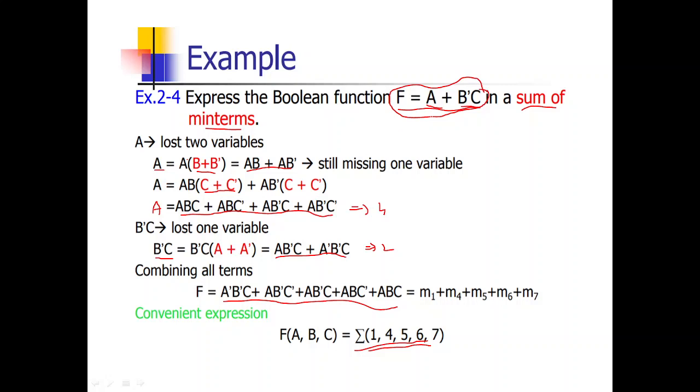We have to check each and every term of the Boolean function. If any variable is missing, the missing variable's OR term has to be ANDed, and applying the distributive law, we can obtain the sum of min terms.